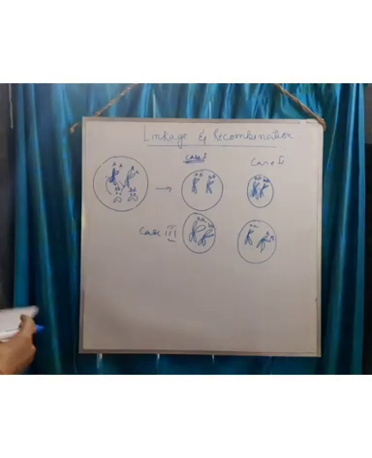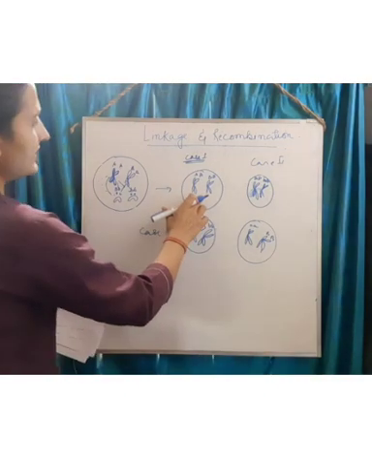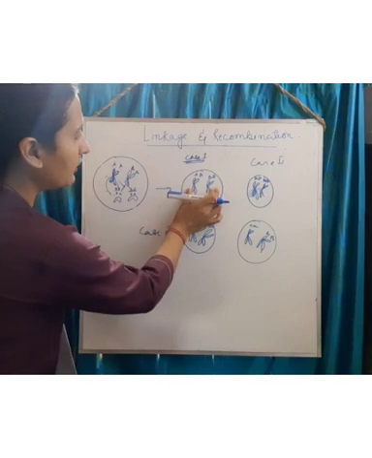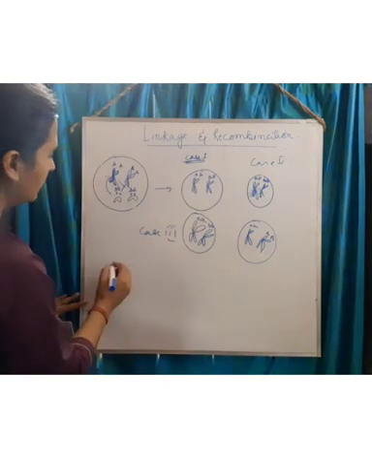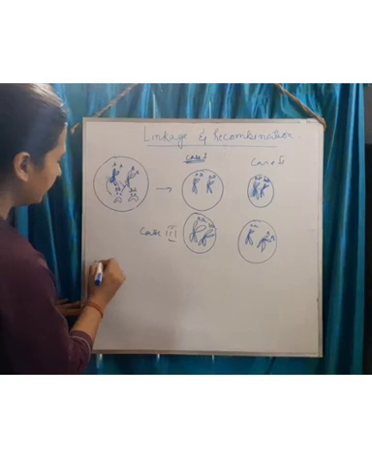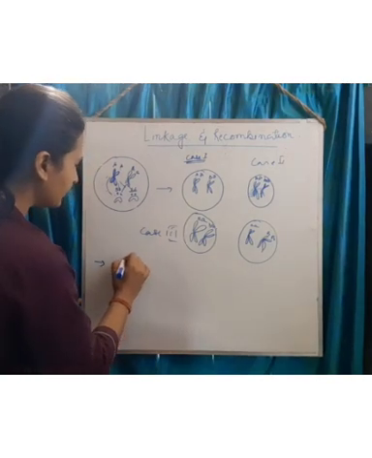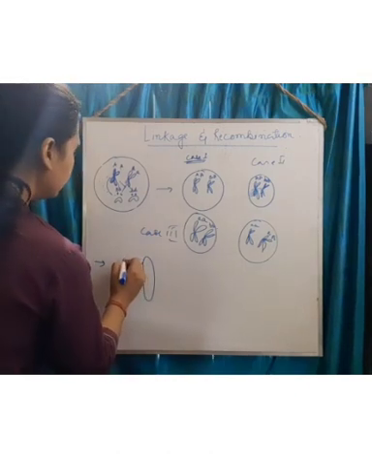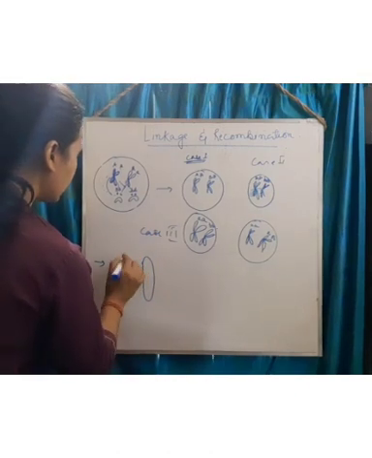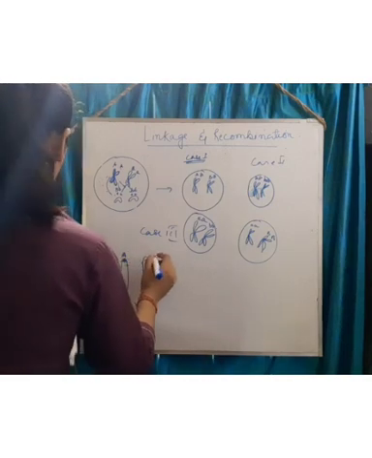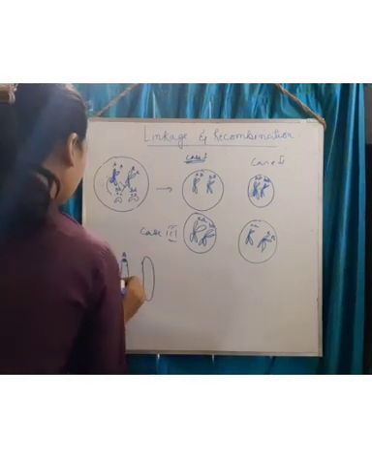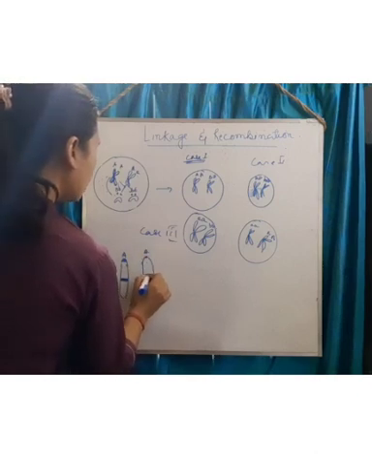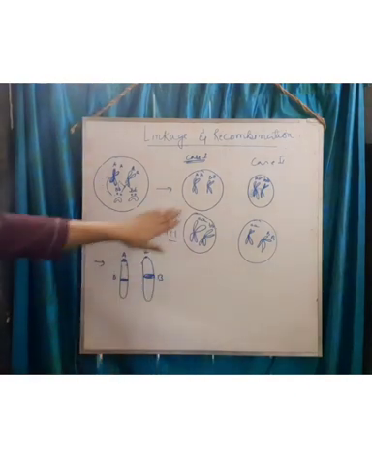Now what happened in a chromosome? When they separate, these are together, right? They will go together. So when you unwind it, or when they get separated, here you will see this is one gene A, and B. I'm just taking this example.